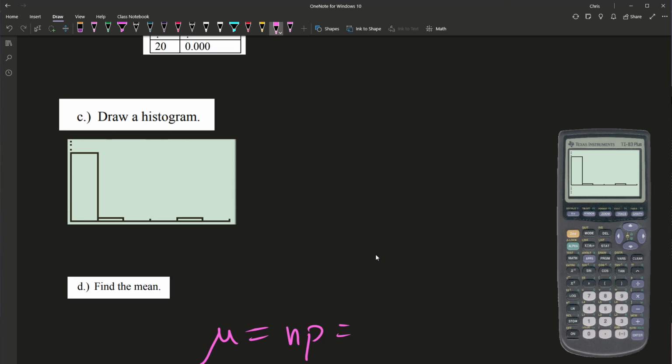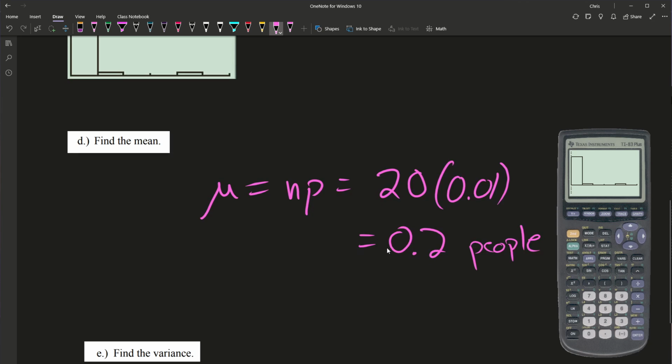And n times p, let's see, n is 20, and p was 0.01. So the mean is 0.2 people. I need to scroll down here. There we go. So you expect on average that out of 20 people, less than 1 would have green eyes.